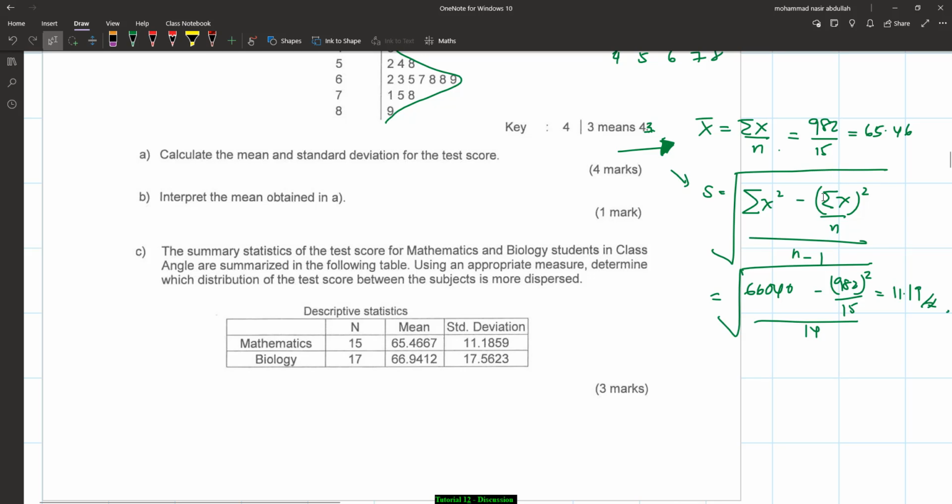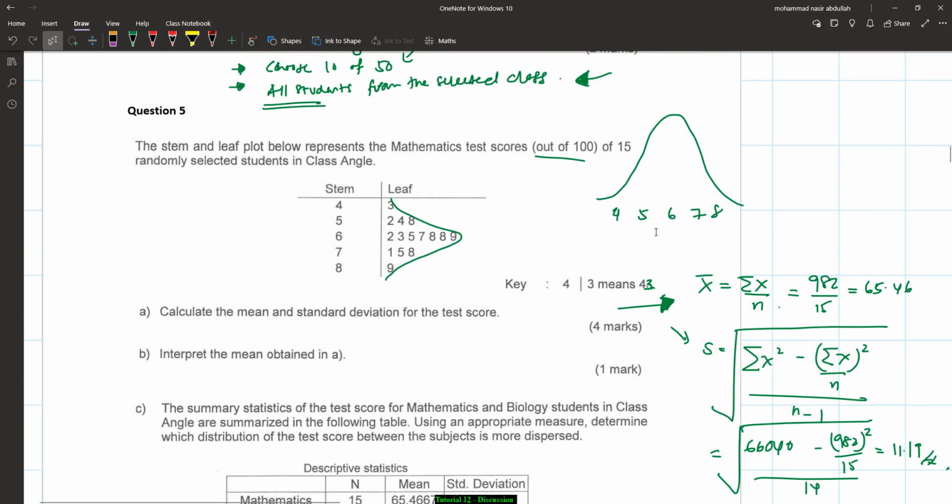So interpret the mean obtained. So how to interpret? Mean is 65.46. So the average. So very simple. The average of mathematics test score is 65.46. Very simple.